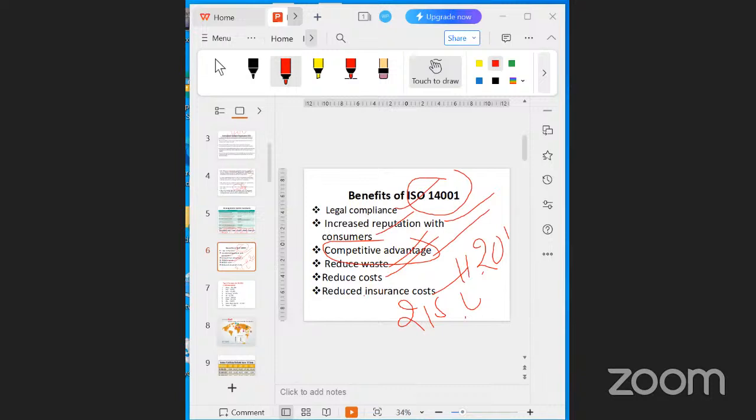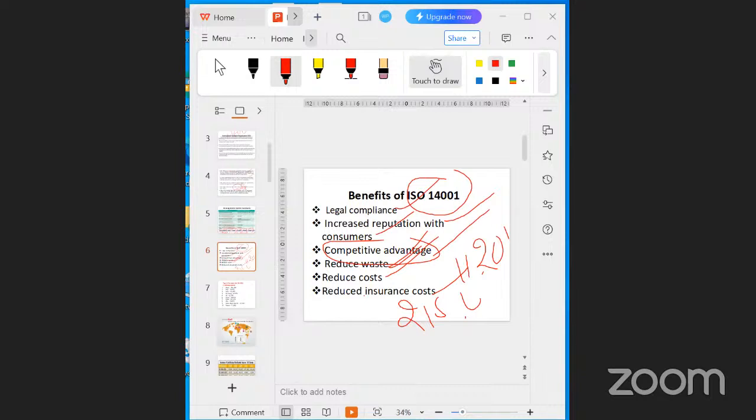And reduced waste. The standard aims to reduce the amount of waste that organizations produce, from the unnecessary running of machinery to a lack of training causing excess materials to be left. The standard aims to identify and mitigate all the waste.